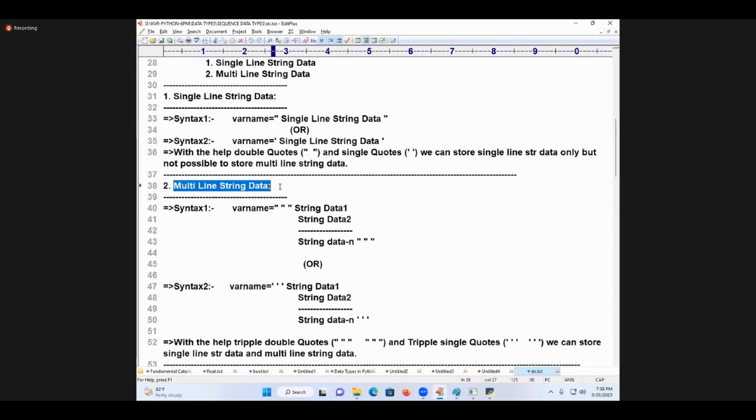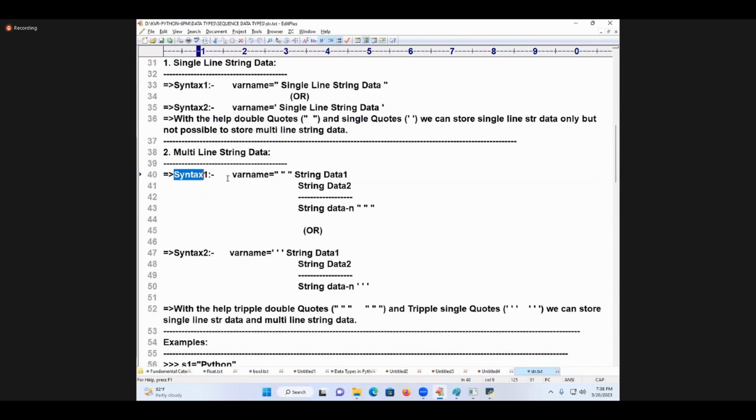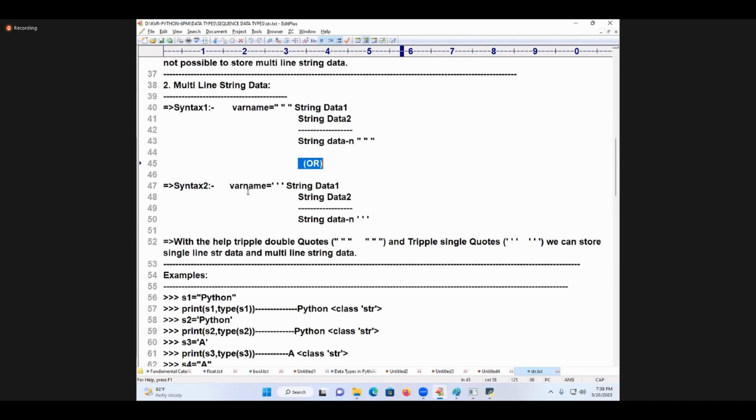Multi-line string data, syntax 1: variable name is equal to triple double quotes, string data 1, string data 2, string data n, triple double quotes. Or variable name is equal to triple single quote, string data 1, string data 2, so on, string data n, end of it.